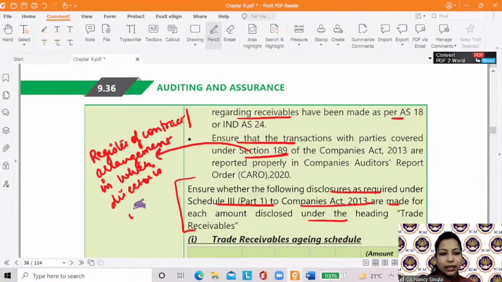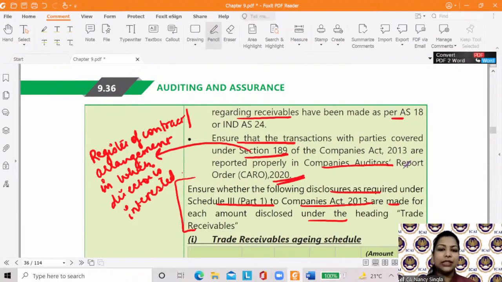So there are certain reporting requirements with respect to the contracts or arrangements in which directors are interested. The reporting requirement under CARO 2020.